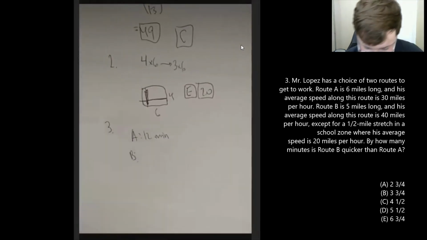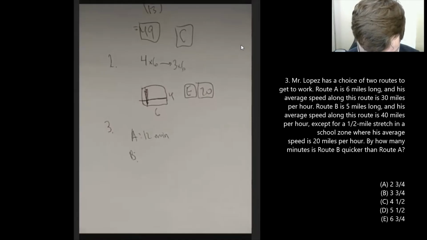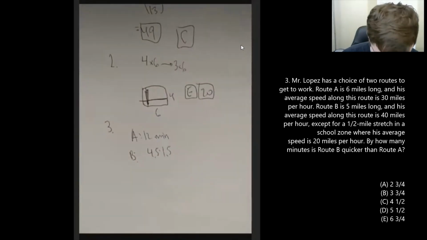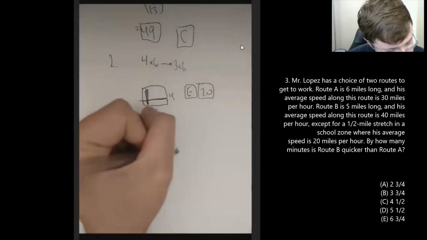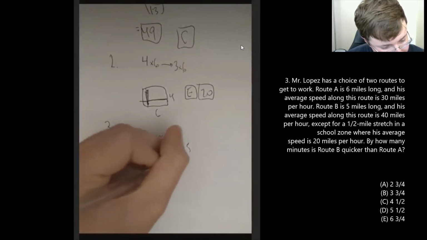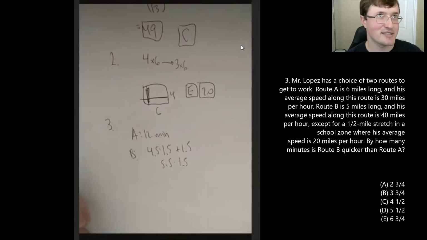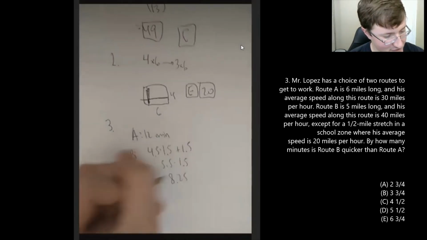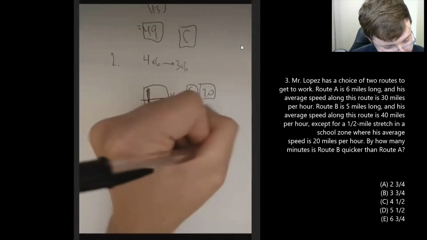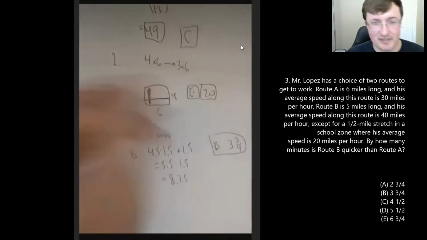And B is 5 miles long, and he goes 40 miles an hour for 4.5 miles, so that's 1.5 minutes per mile, so it's 4.5 times 1.5 minutes for that section, and then a half-mile stretch where it goes 20 miles an hour, so that's another 1.5 minutes, so it's 5.5 times 1.5, which is 5.5 plus 2.75, which is 8.25. So it should be 3 3/4 minutes faster. So that's answer B.